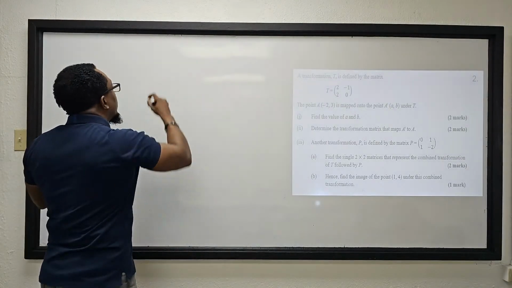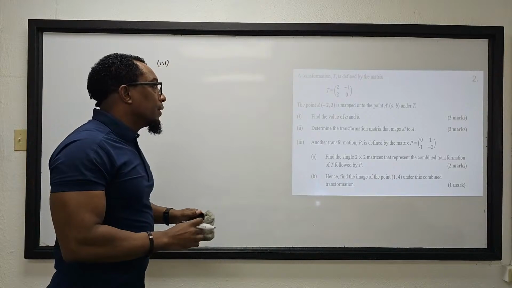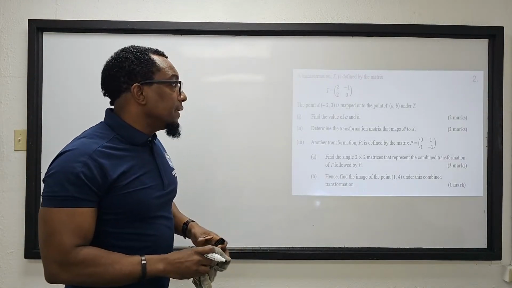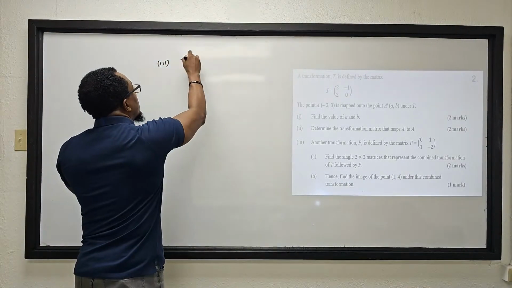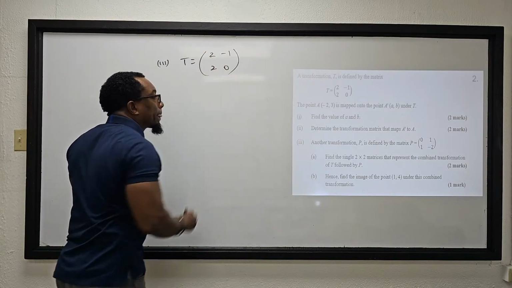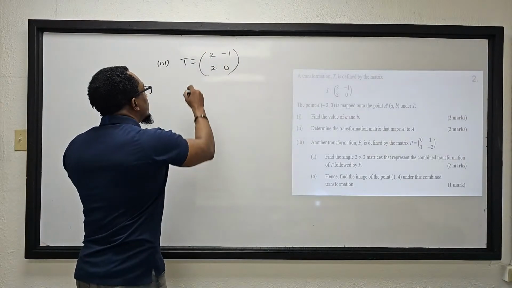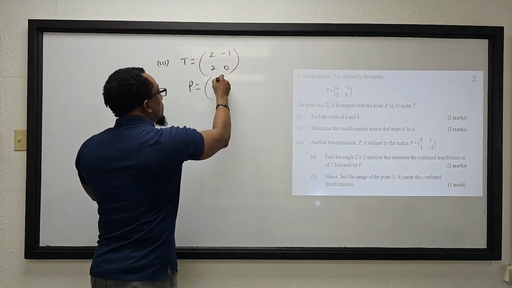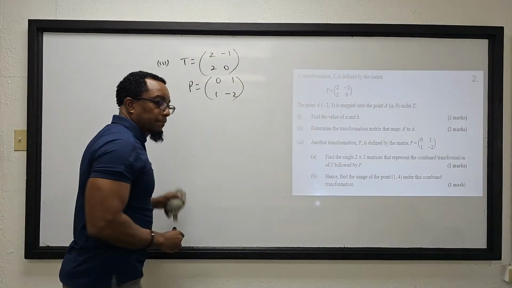So we have here part 3. Another transformation P, so we have two matrices. We have one T, the matrix 2, negative 1, 2, 0. We have one P, the matrix 0, 1, 1, negative 2, right?